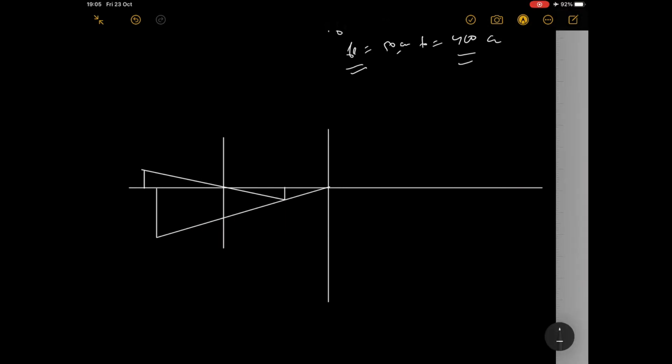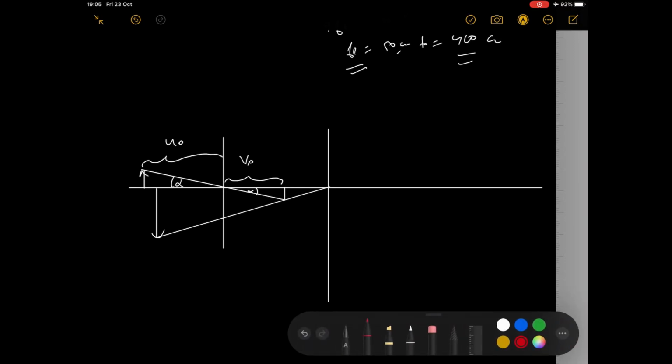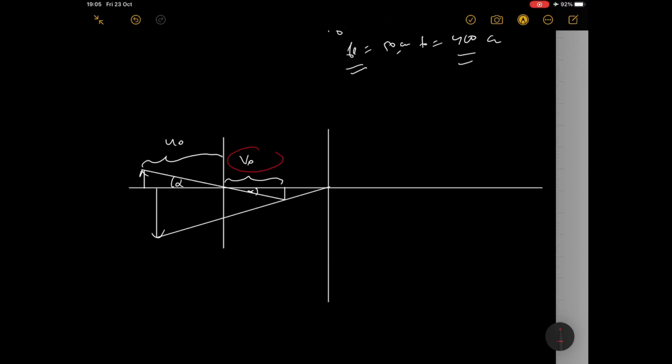So just labeling, this is UO, the object distance for the objective. This is alpha, this is also alpha, this is VO. Earlier, when the object was at infinity, the image was formed at the focus of the objective.